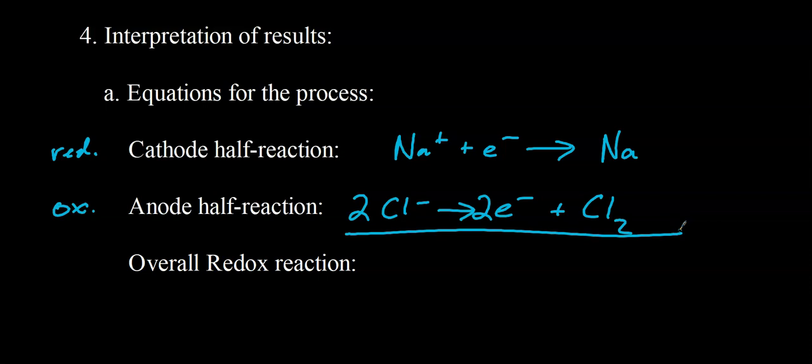Something to be careful of, though, is this. Does it make sense to have 1 electron gained and 2 electrons lost? No, the number of electrons gained and lost in a redox reaction must be the same. So let's multiply this top half reaction by 2 so that we have 2 moles of electrons gained, which is equal to the 2 moles of electrons lost.